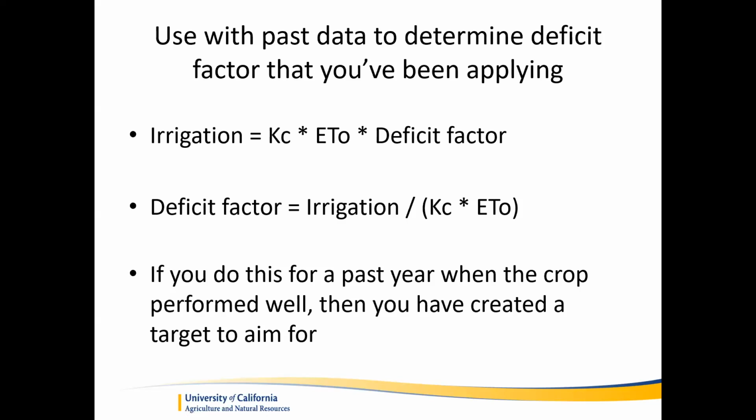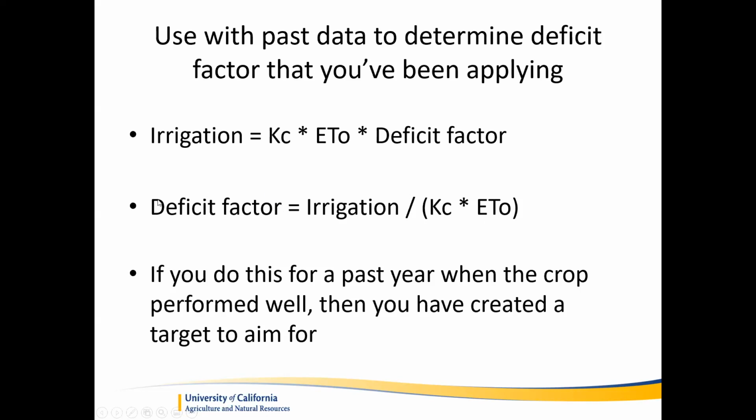If you have records of how much irrigation you applied, let's say on a monthly basis, and then you have this KC value that you get now from this IRRISAT website, you can also calculate the monthly value. And then from IRRISAT or from other weather station sources like CIMIS, you can get the reference evapotranspiration. If you do this with your past data, you can then solve for the target deficit factor, which you can then use in the future going forward.